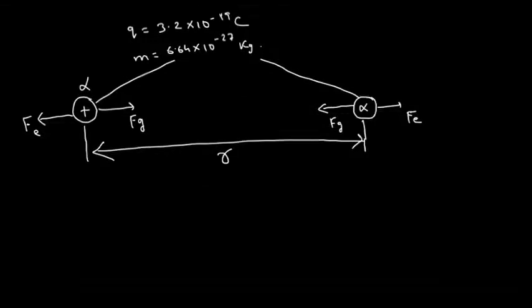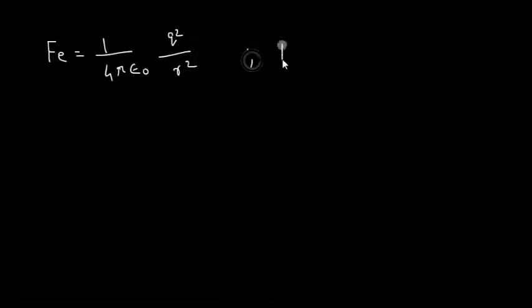The next step is the resolution part. By Coulomb's law, Fe is equal to 1 by 4 pi epsilon naught, q square upon r square, and Fg is equal to G m square upon r square.